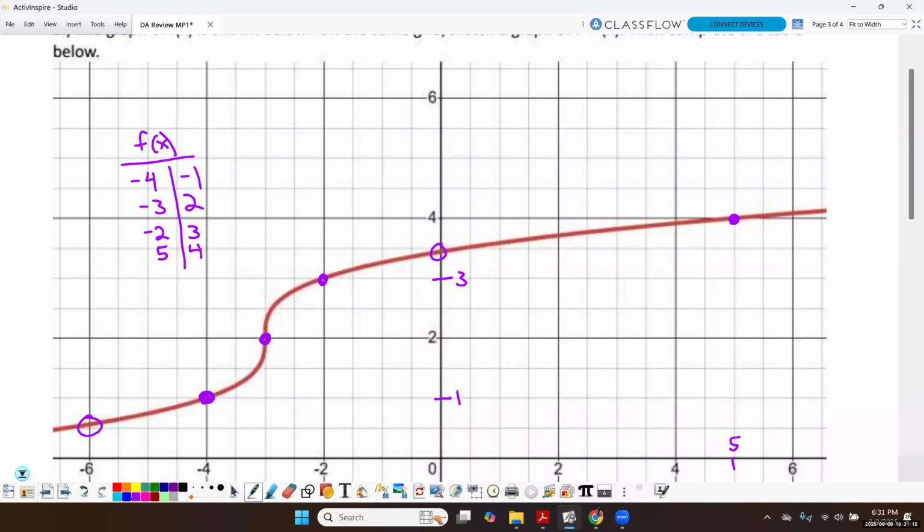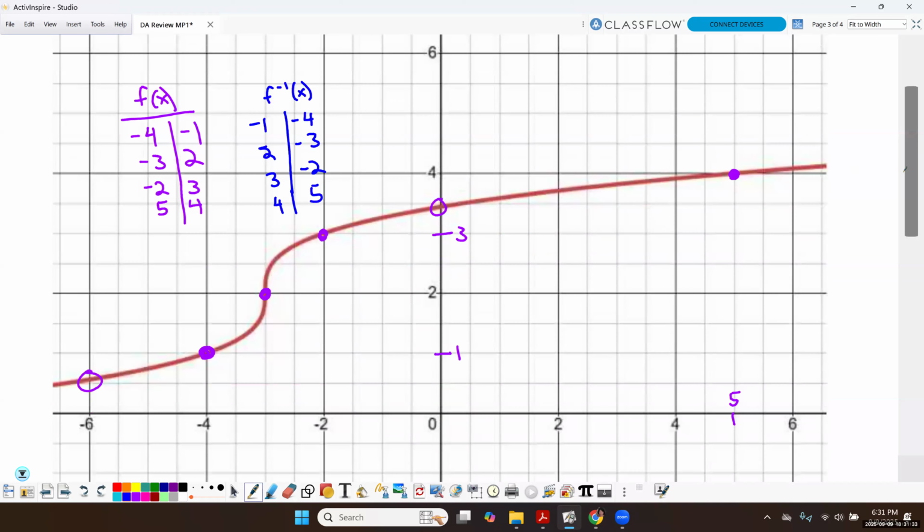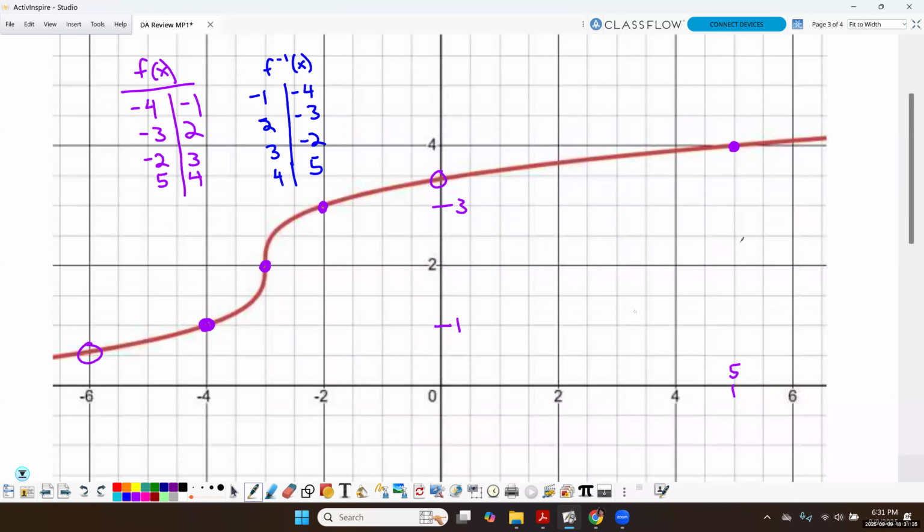Okay, now I'm going to do the inverse in blue. So when I graph the inverse, I'm going to graph the points -1, -4, 2, -3, 3, -2, and 4, 5. So let's get those points down. Let's see, oh, this is going to be tight.